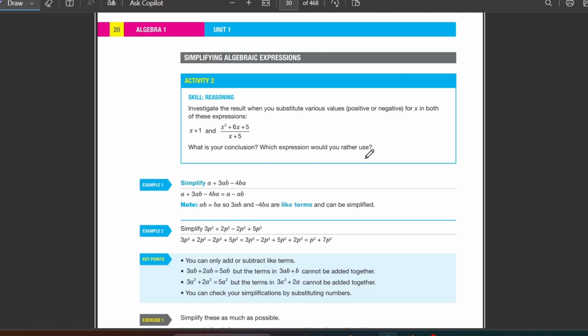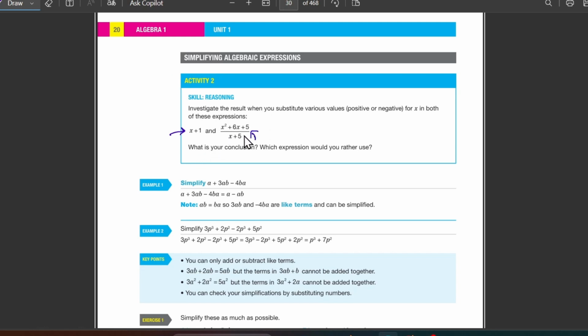Which expression would you rather use? When we see something like this, using this is easy, but using this is not that easy because we have to do more operations here.